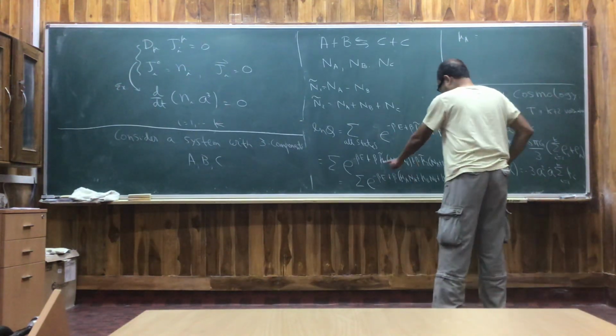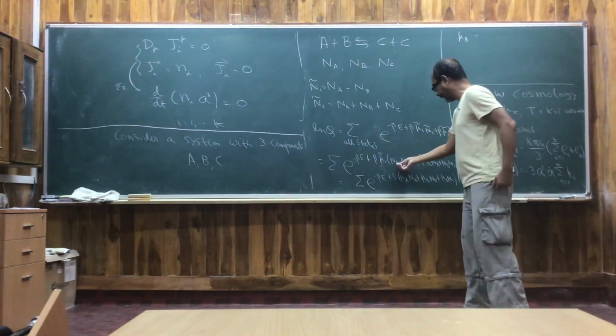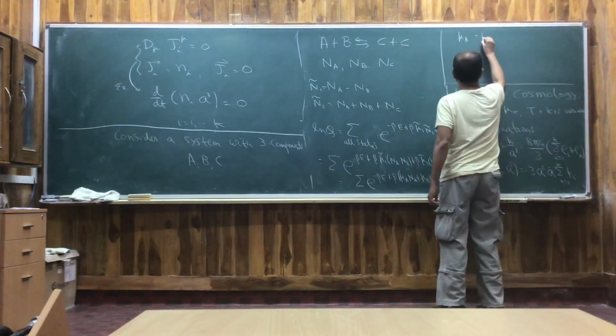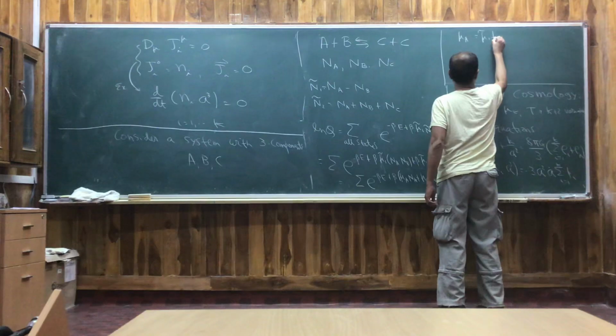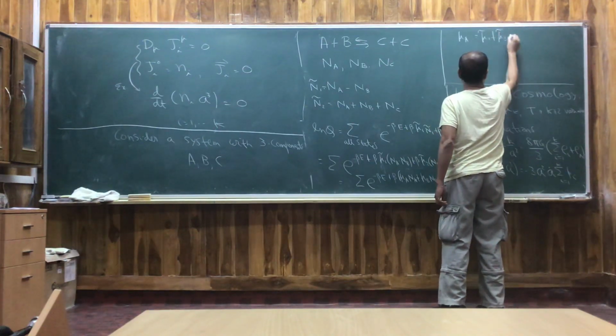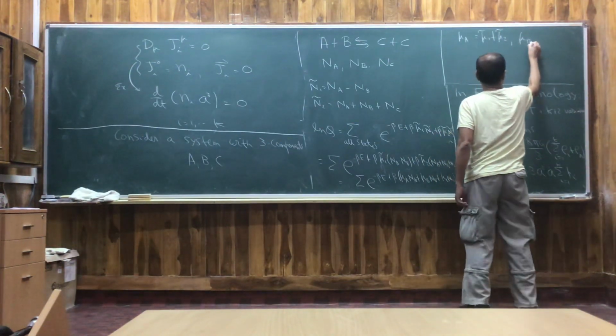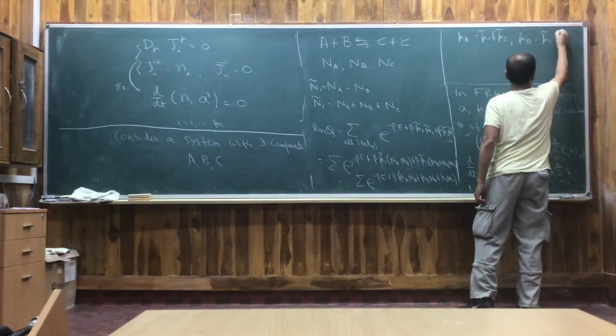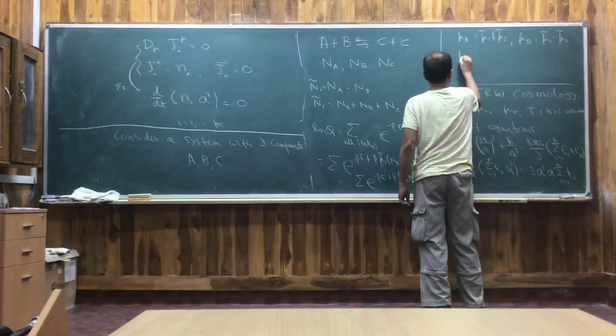That's the coefficient of Na. So that's mu1 tilde plus mu2 tilde. Mu B is mu1 tilde minus mu2 tilde. And mu C is just mu2 tilde.